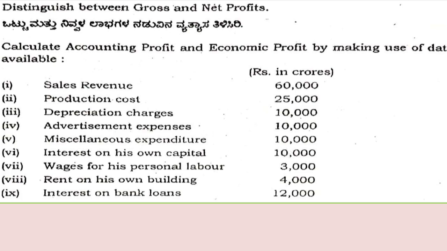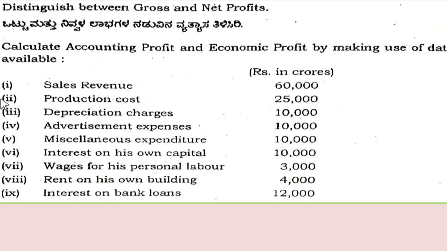And see here, interest on his own capital does not come under explicit costs. Wages for his personal labor do not come under explicit costs. Rent on his own building does not come under explicit costs. And interest on bank loan comes under explicit costs. I hope that you have clearly observed this question paper.